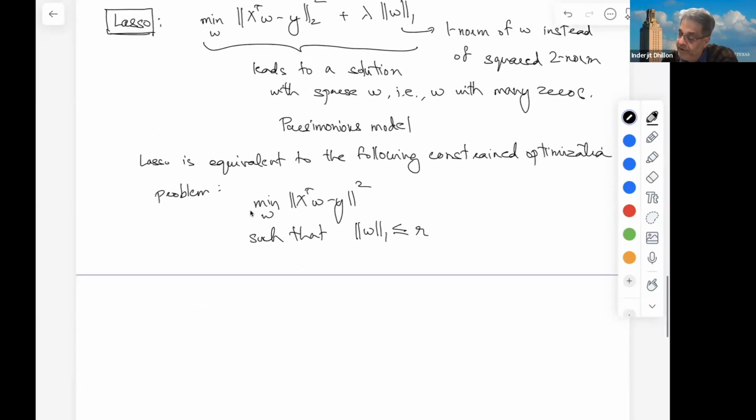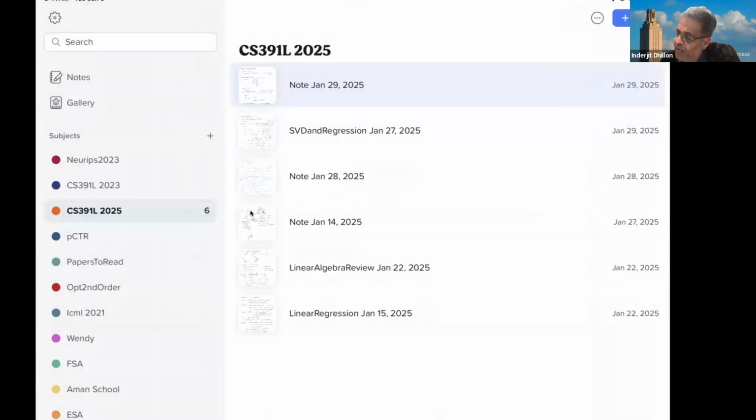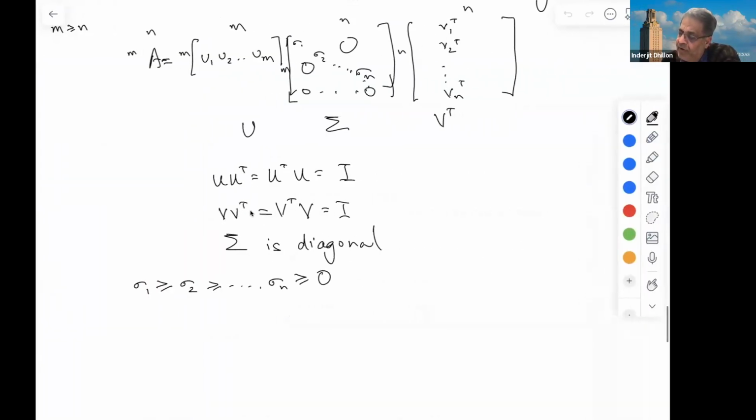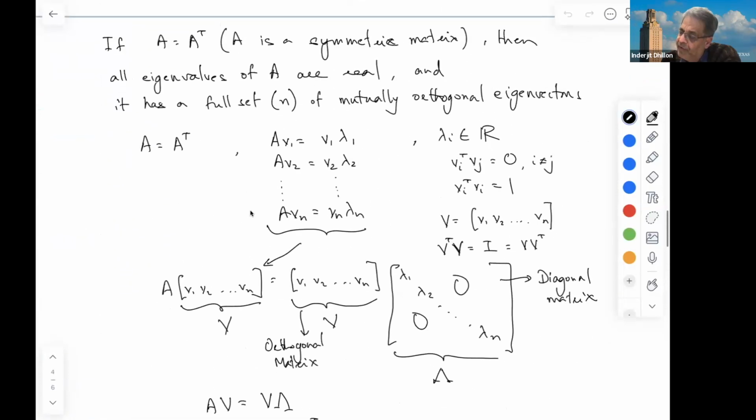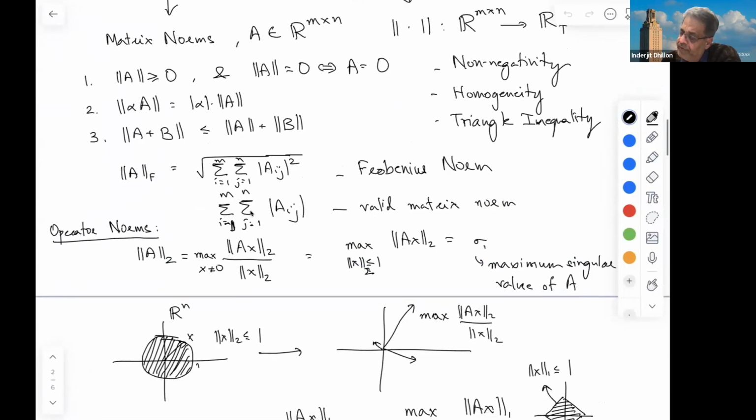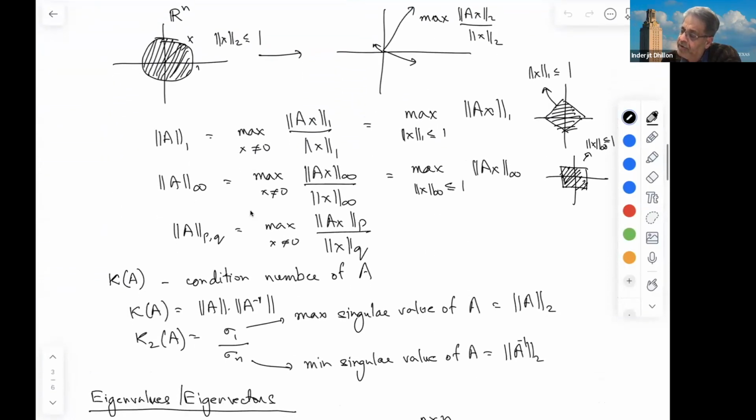Now, if I draw it geometrically, what is the set where the norm of W is less than or equal to R? If I go back to the linear algebra review, where we talked about different norms, look, I did that here.